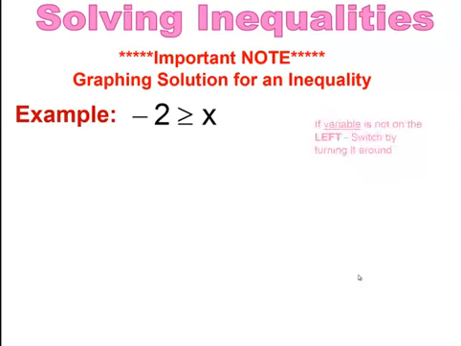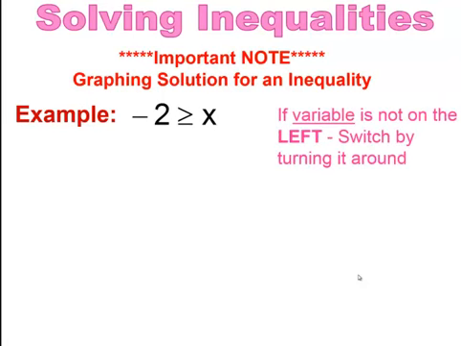So either you're going to switch everything around if the variable is not on the left-hand side, or another thing I'd like to do is, if you had it written down on a piece of paper, turn that piece of paper upside down, and it would show you x on the left-hand side.